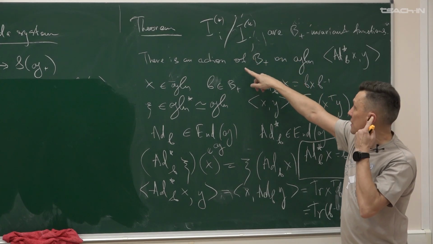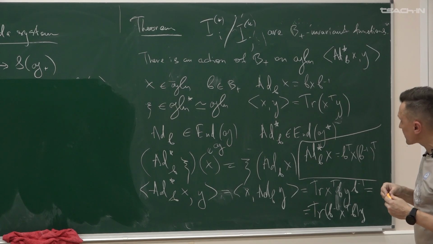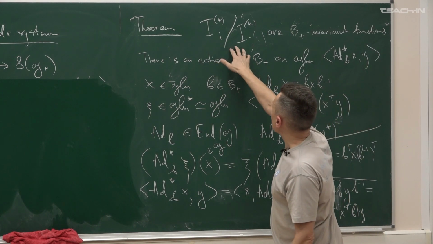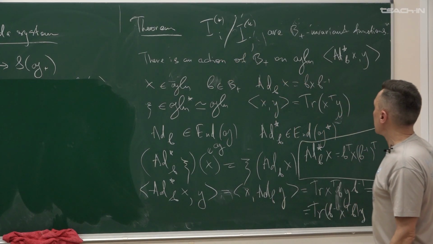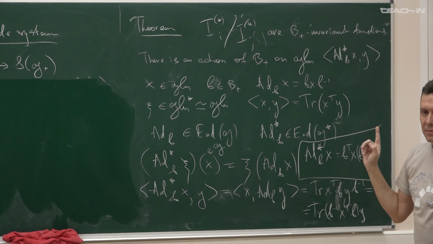Let's return to the statement. So I demonstrated that the ratios of coefficients are invariant with respect to the action of the Lie group B plus.